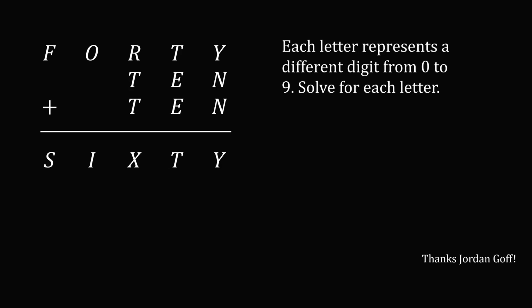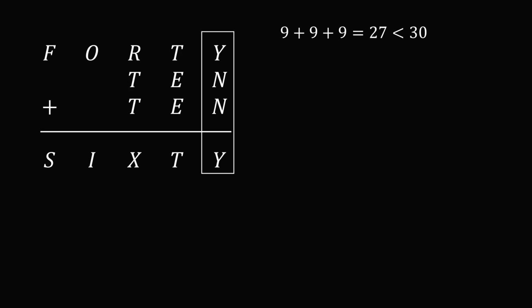So let's work through this problem step by step. A natural starting point is the very right column of digits. Now, what's the maximum value for 3 digits being added together? The maximum value for a digit is 9, and 9 plus 9 plus 9 is equal to 27, which is less than 30.